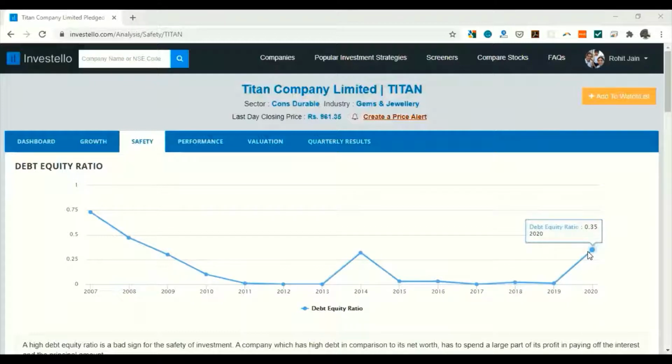Regarding the debt equity ratio, usually a debt equity ratio less than 0.5 is considered safe, but I would recommend preferring the companies which have kept the debt equity ratio below 0.25. This is a very conservative estimate, and it is not applicable to all the companies.